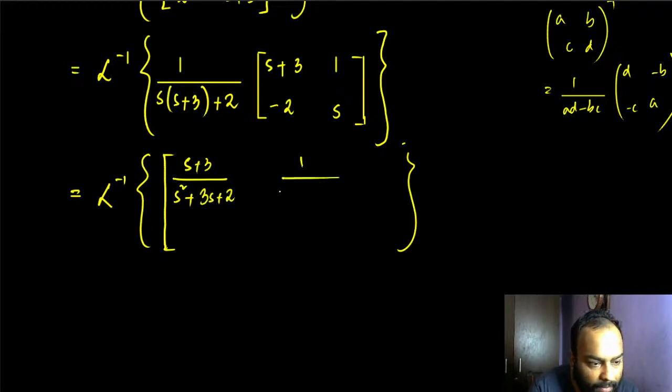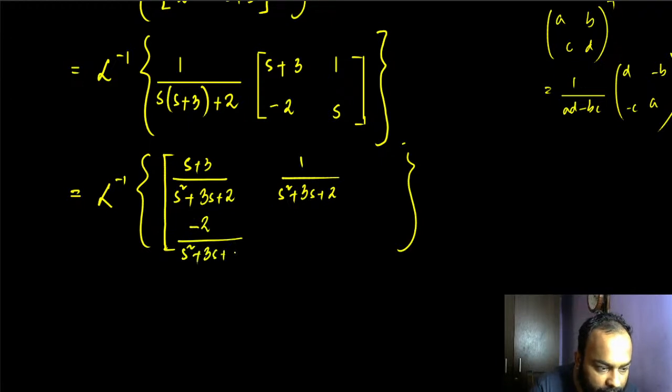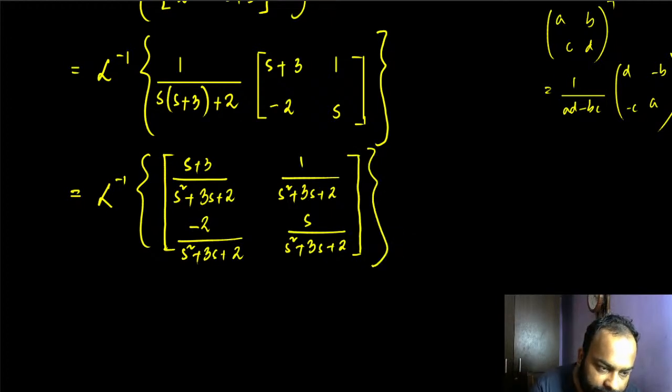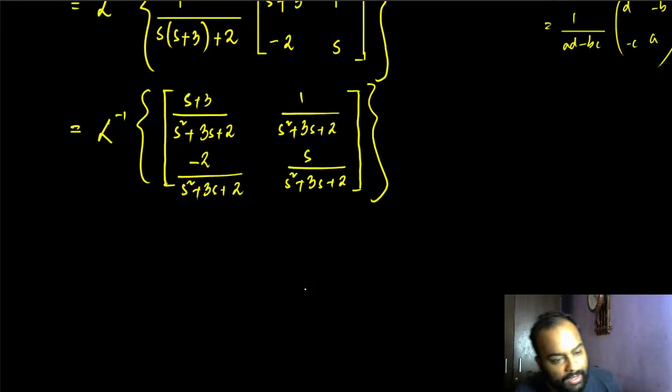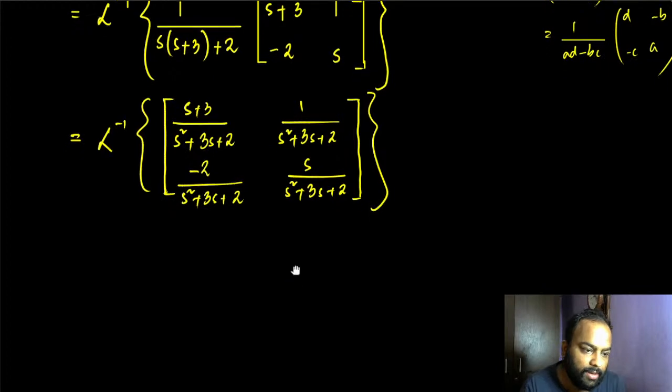This is becoming 1 by (s square plus 3s plus 2). This is minus 2 by (s square plus 3s plus 2). This is s by (s square plus 3s plus 2). Got it? All right, so that's the set of equations here.